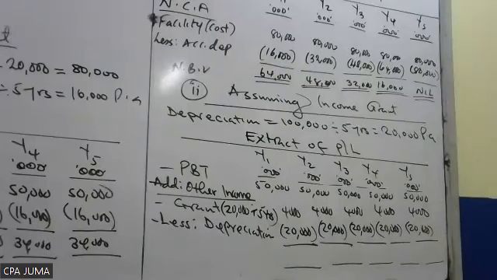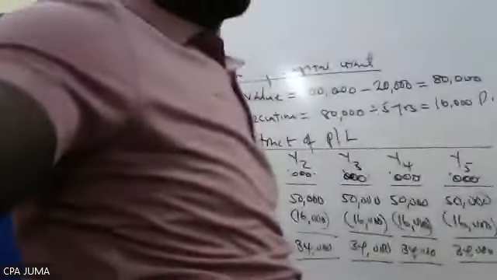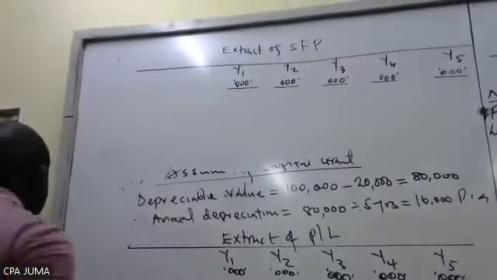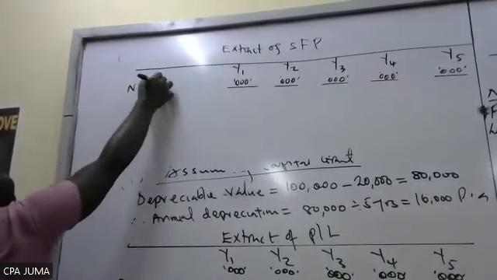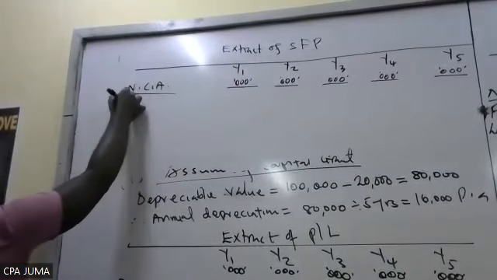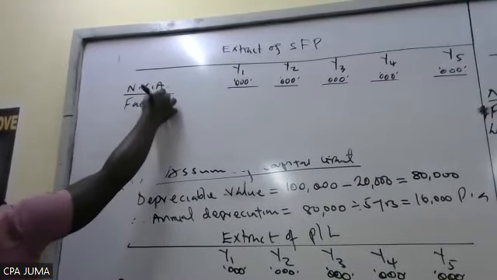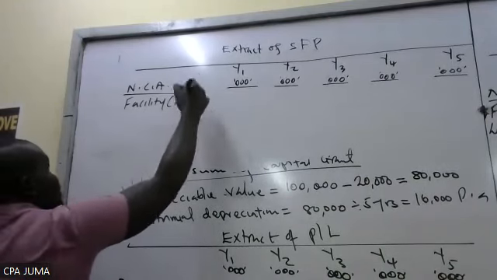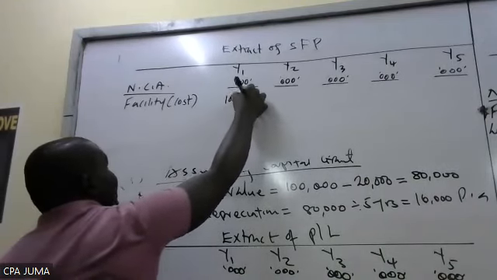Correct. So non-current assets, even this one, the end of the page should always be the same. So the facility at cost 100, we never reduce.